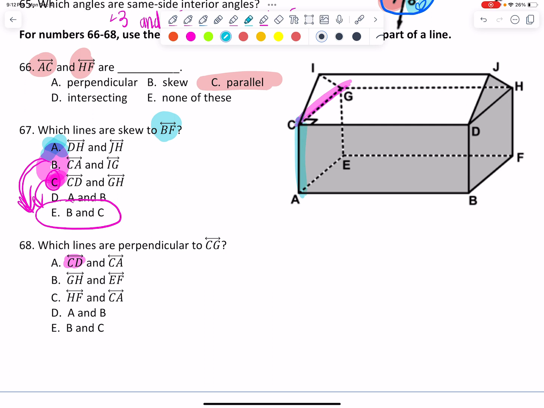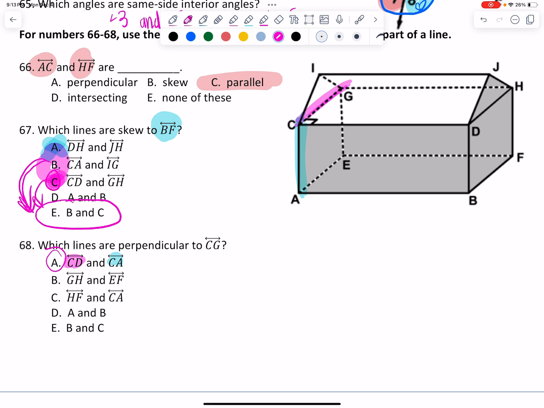Okay, so that one's true. GH, let's see. This is number 68. So CD and CA. Okay, so no, GH is not perpendicular, so it's got to be A.